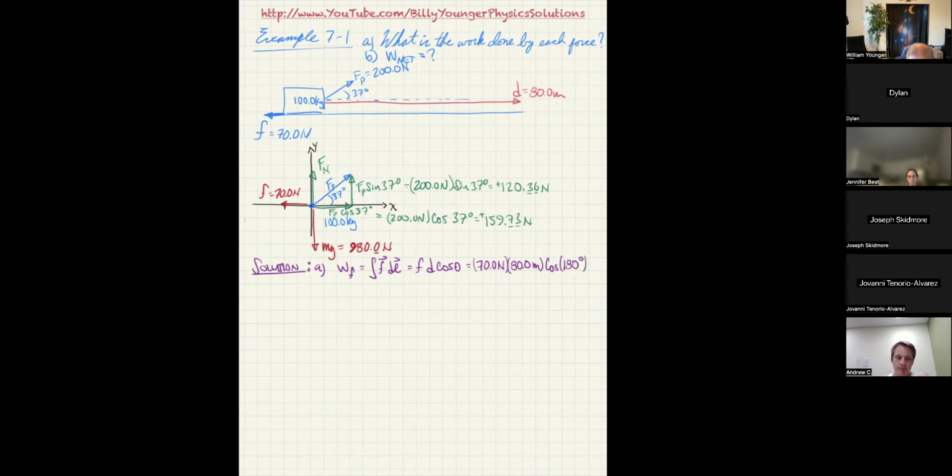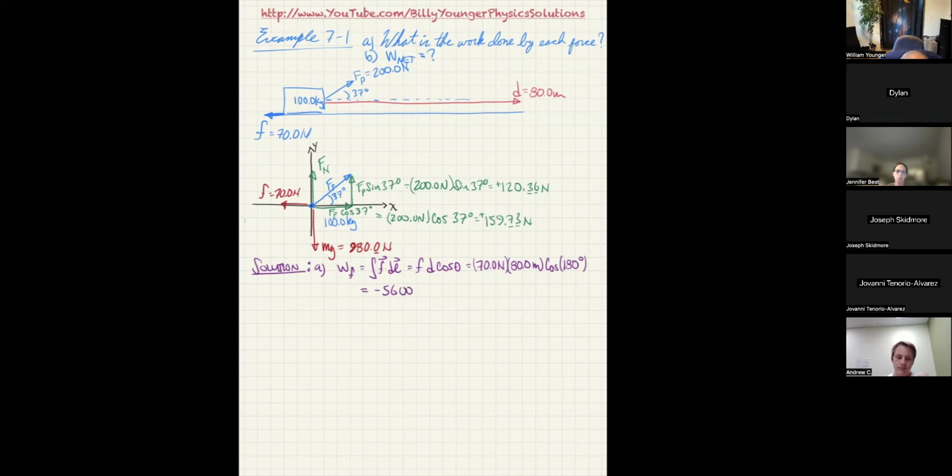Does everybody understand why we're using 180 degrees? Remember that the vectors are supposed to be tail to tail. When they're tail to tail, D points to the right and F points to the left, so clearly that's 180. If I multiply 70 times 80 times the cosine of 180, that gives me negative 5,600.